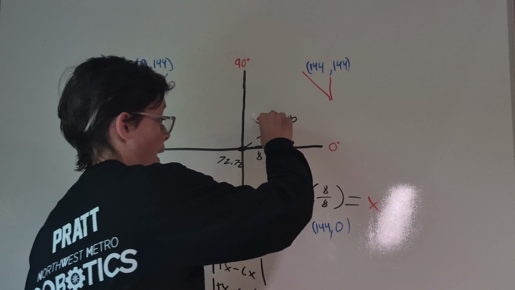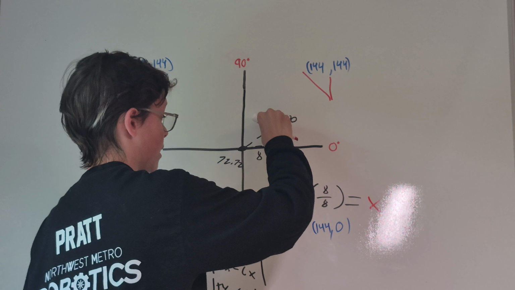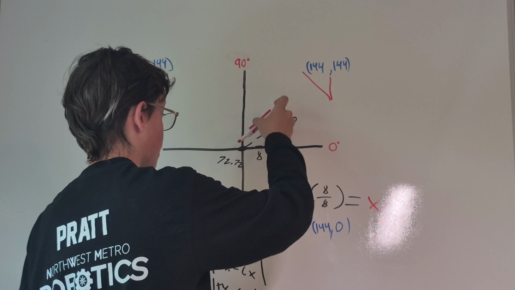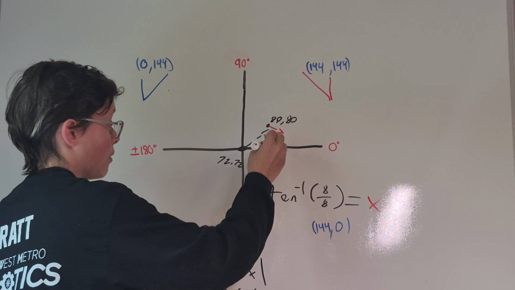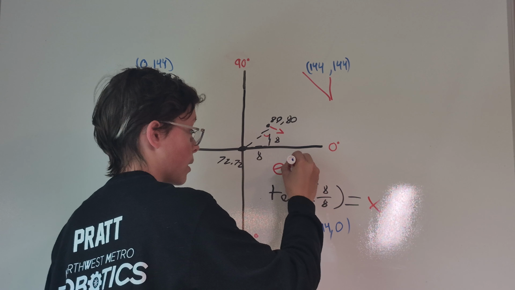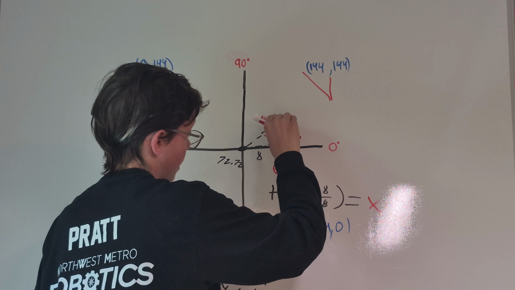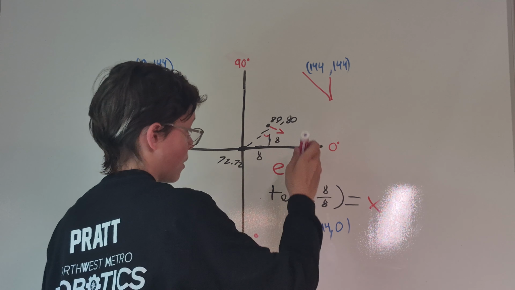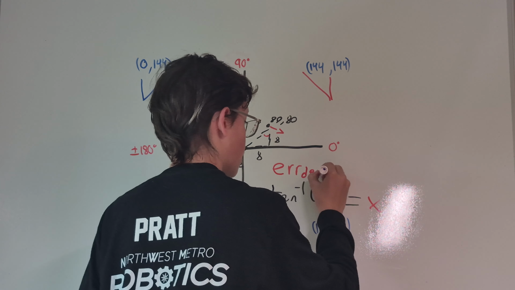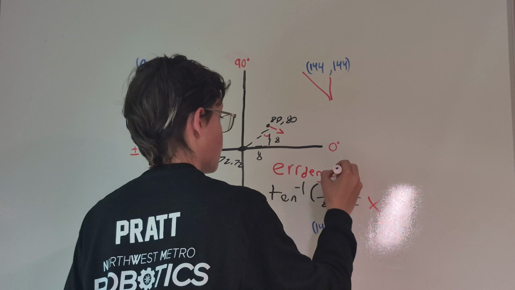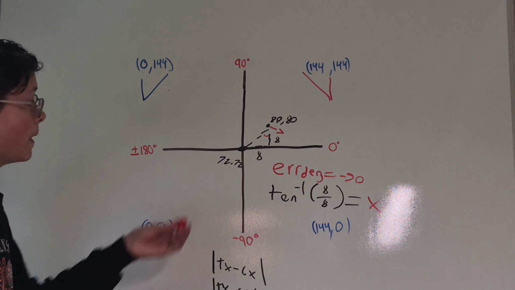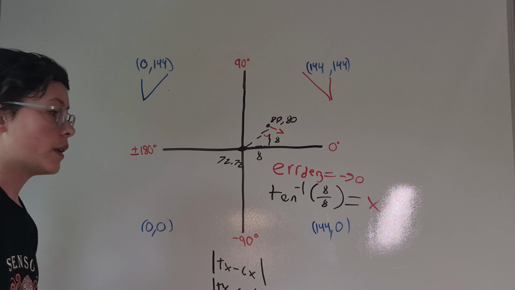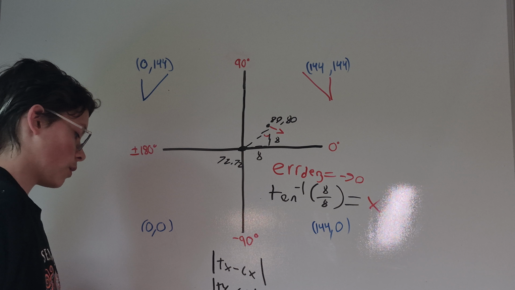Since we know our heading via our IMU, we can use this to find out what heading we need to be facing, and then find the error degrees by subtracting the angle from our heading. So error degrees will equal, in this case, let's say negative 90. From here, you need to transfer that error degrees into a turn power of sorts.